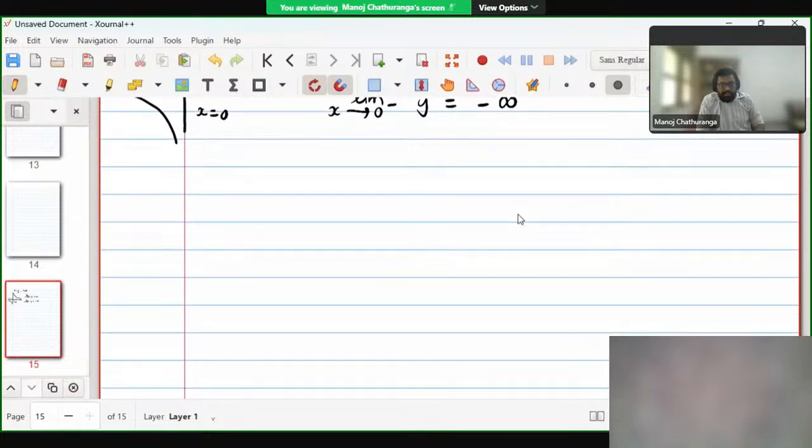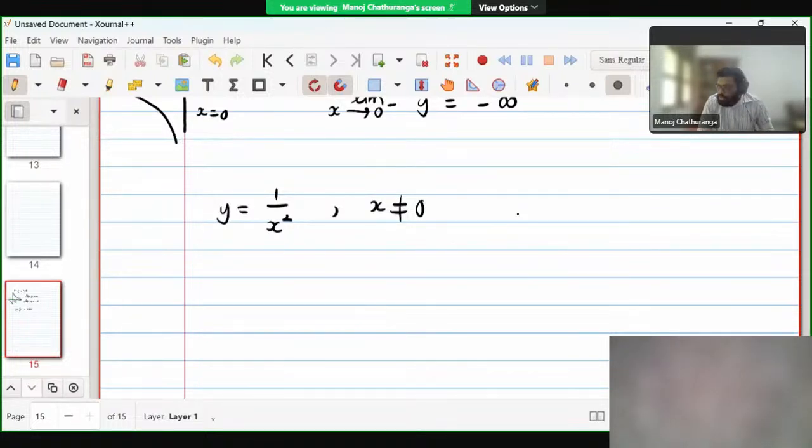Let me show you a variant of this example. y equals 1 over x squared. So still x is different from 0. What you do is you take some real number different from 0 and square it. When you square it, you get a positive number. Then you take the reciprocal. The reciprocal of any positive number is again positive. So this results in a positive number always.